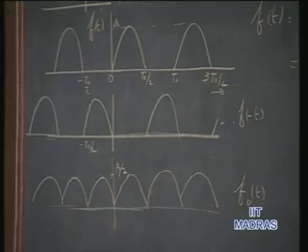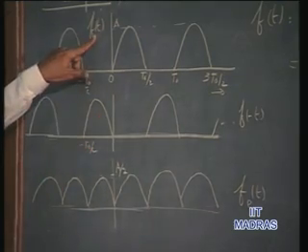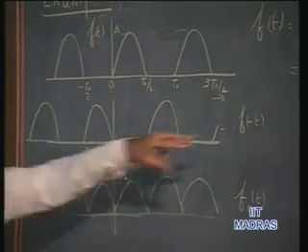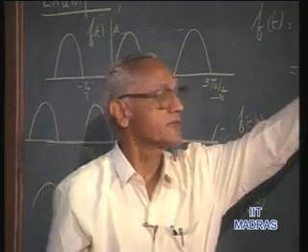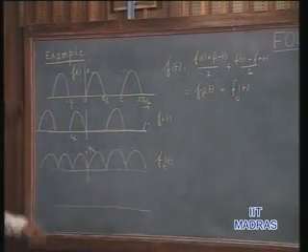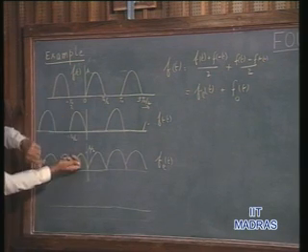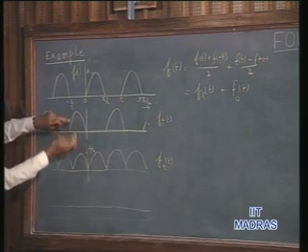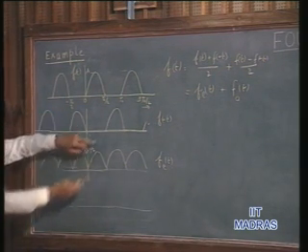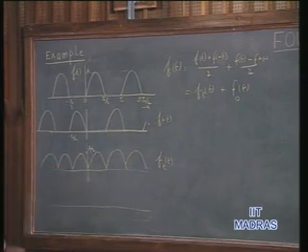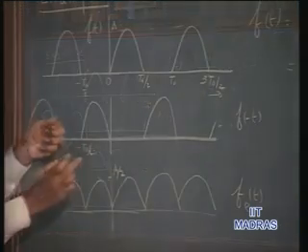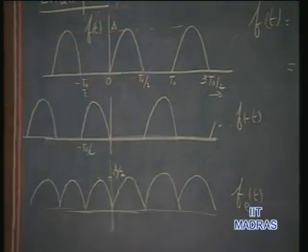On the other hand, if you subtract f of minus t from f of t and divide by 2, you get the odd part, f of t minus f of minus t upon 2. So when you subtract the second waveform from the first, the sign gets reversed, therefore this becomes a negative half cycle and this also becomes a negative half cycle, and these negative half cycles fit in smugly into these blank intervals.